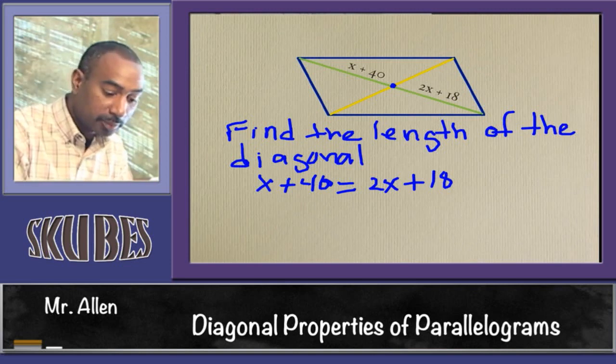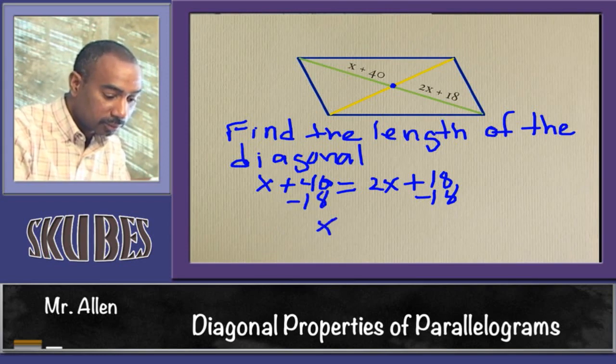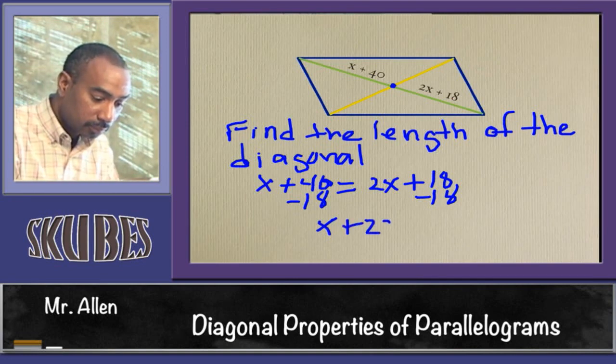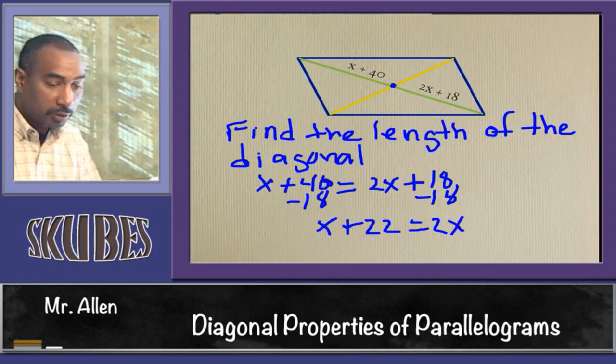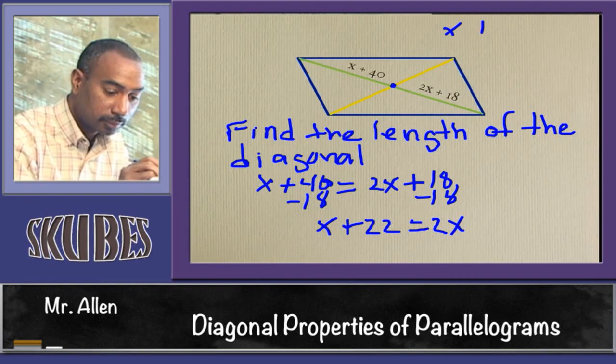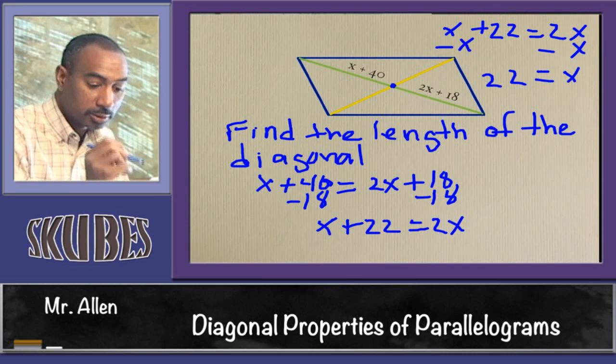I can subtract 18 from both sides. So I get x plus 22 equals 2x. And if I subtract x from both sides, I get x is the value of 22.